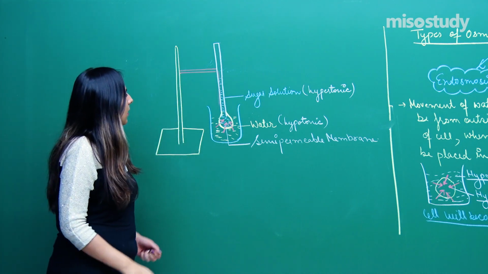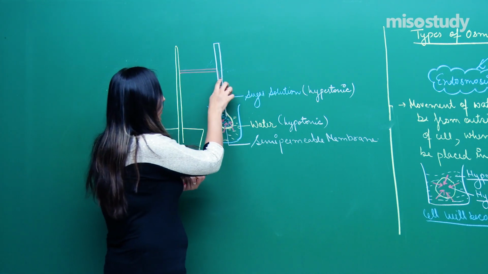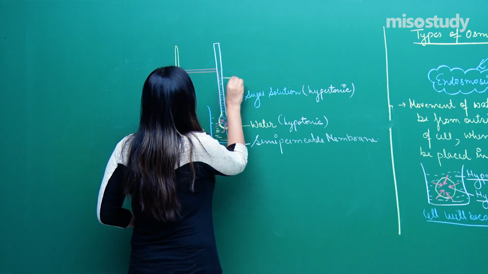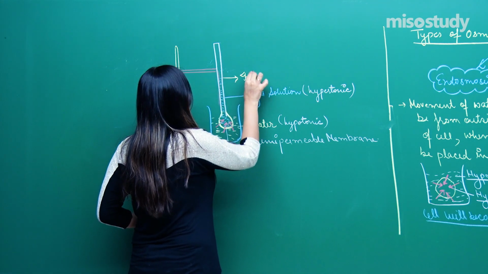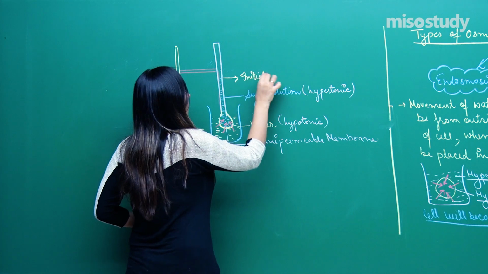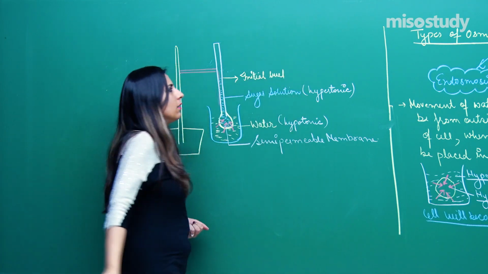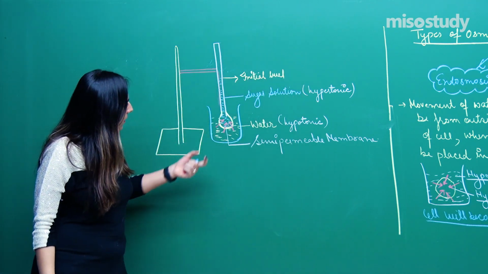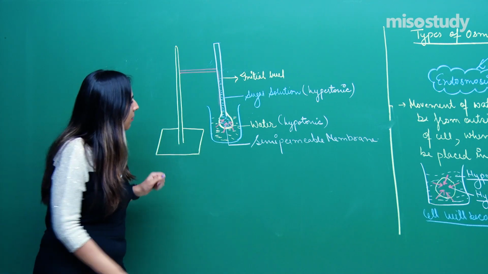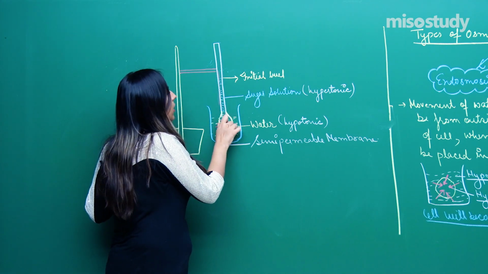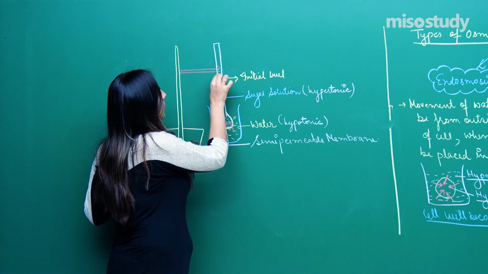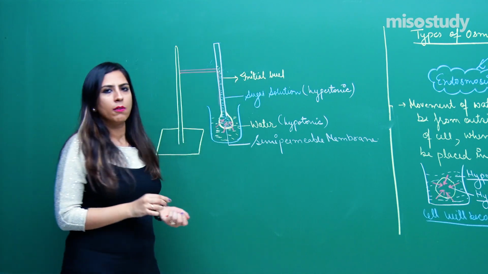What will happen? The water level will rise. This is the initial water level. This I am labeling as the initial level. Right? And after the water enters from the outside, some of the water will enter into it, due to which there is a rise in the water level.